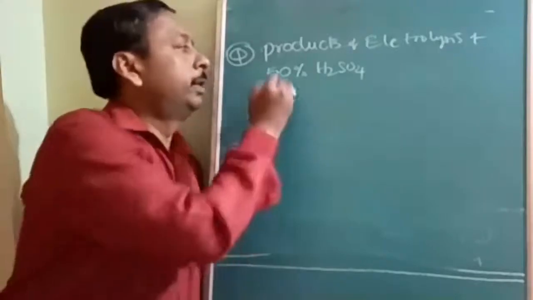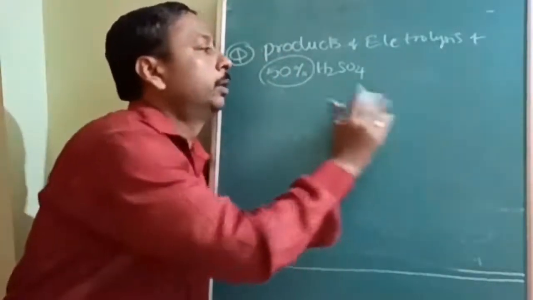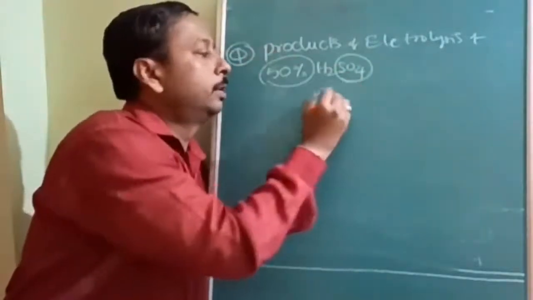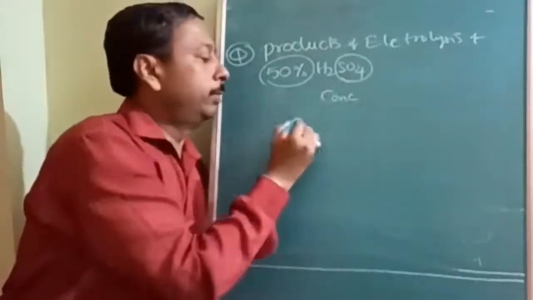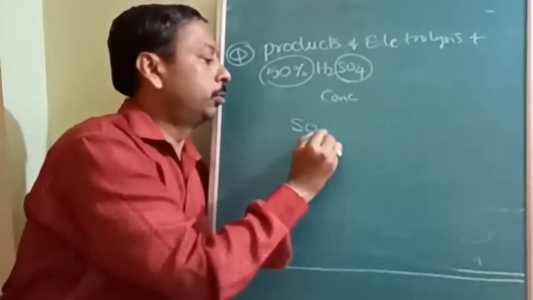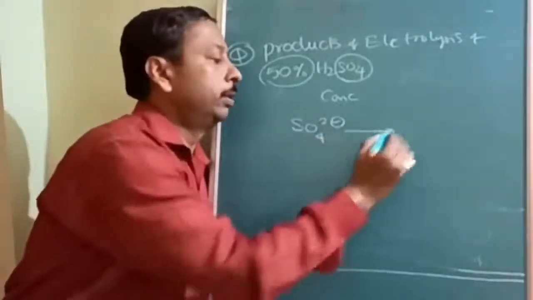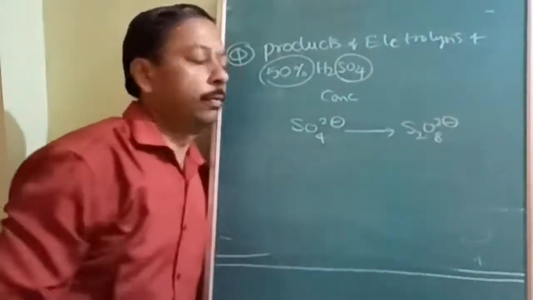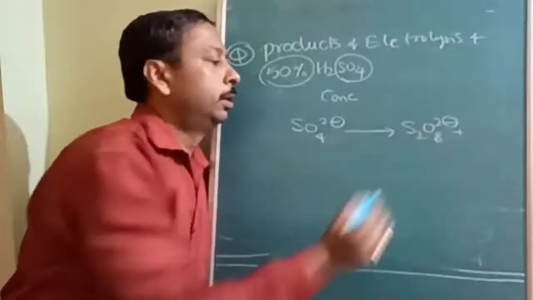If 50% H2SO4 is mentioned, then SO4 will be highly concentrated. When concentrated sulfuric acid is there, the reaction will be of SO4 2 minus. SO4 2 minus will be converted to S2O8 2 minus plus 2 electrons.